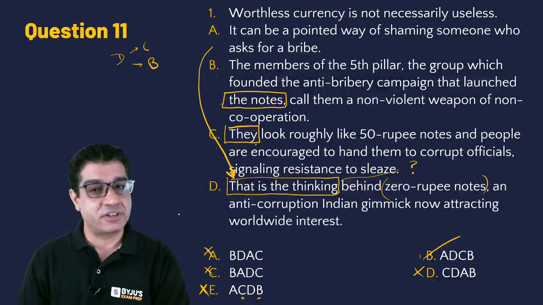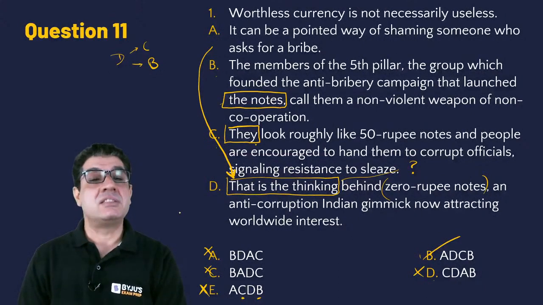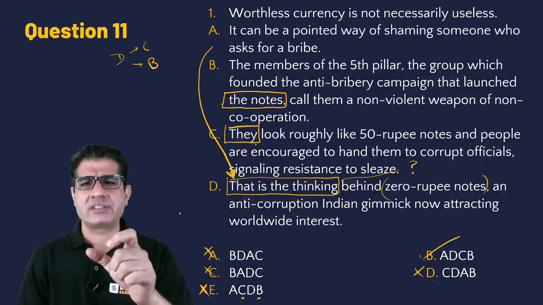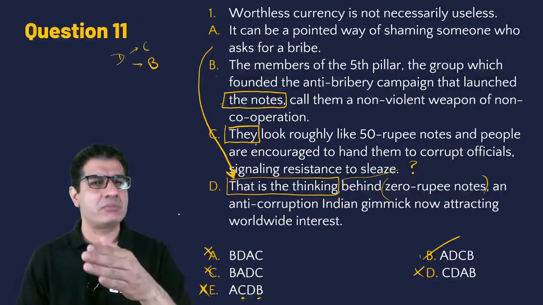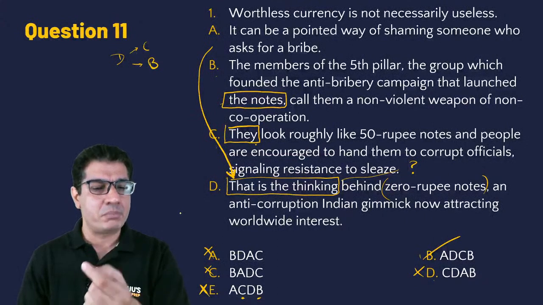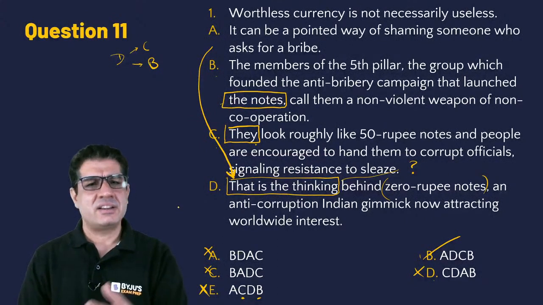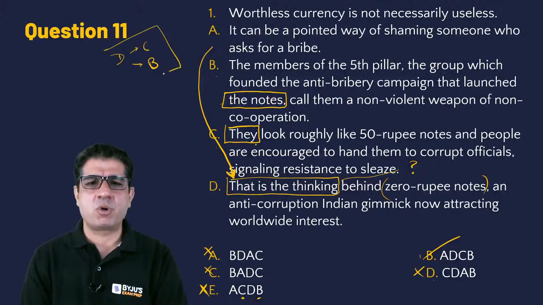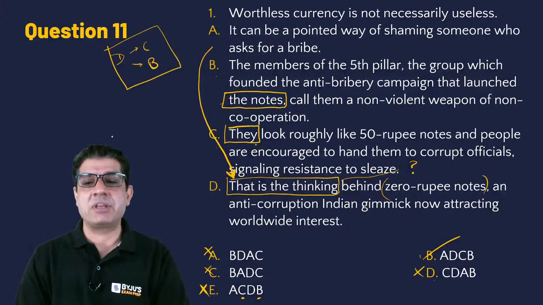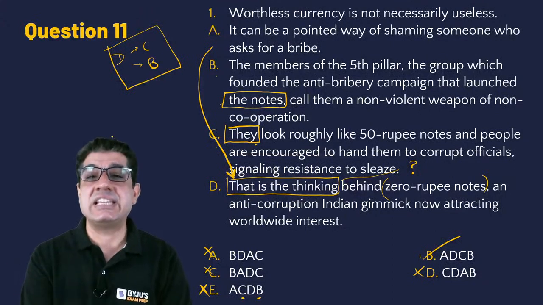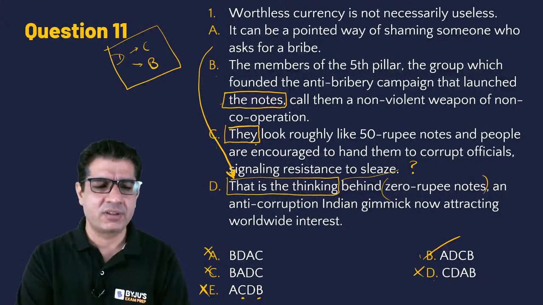So C after D. Then B, the notes. You introduce the notes once and later when you refer to them, you'd use the notes. And therefore B should also come after D. The moment we figured this out, we could eliminate options A, C, D and E and zero in on B.